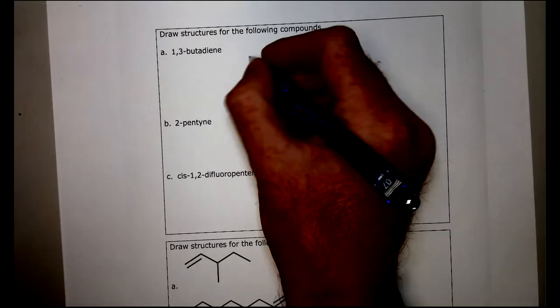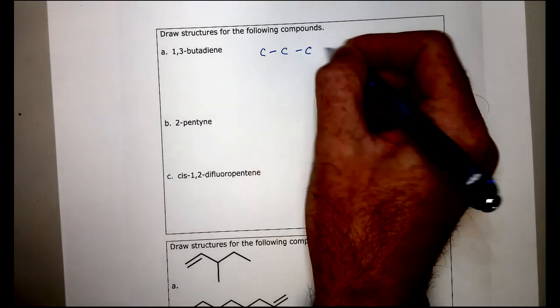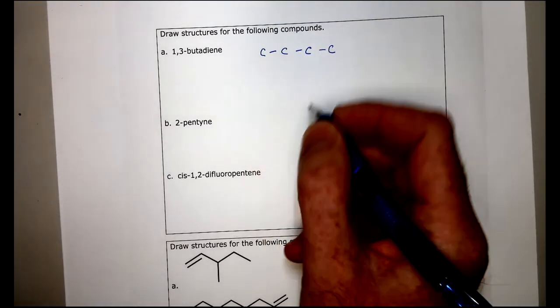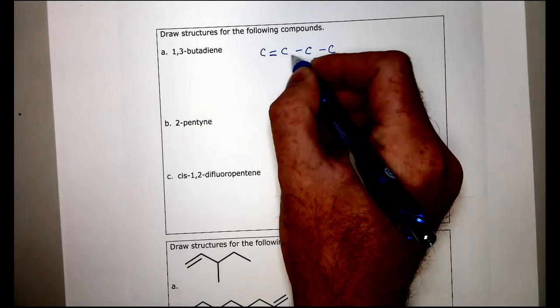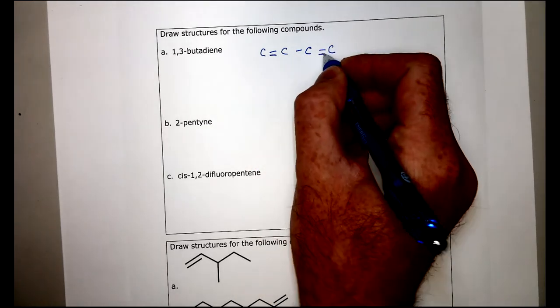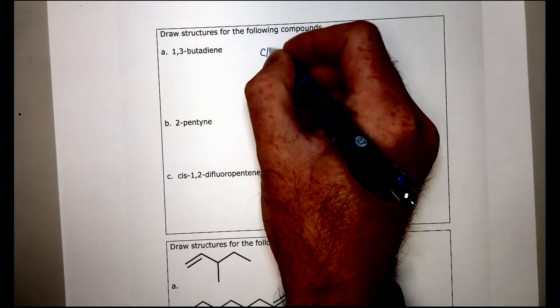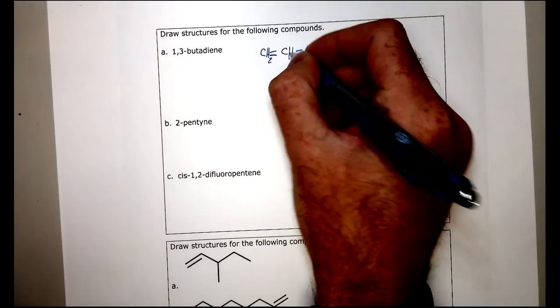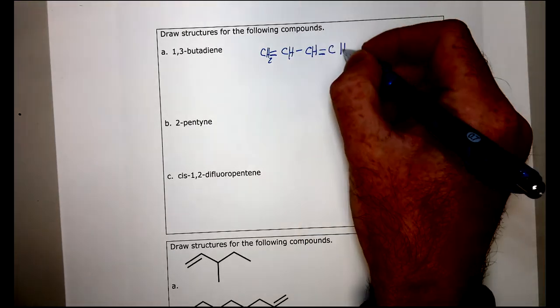1,3-butadiene. So it's a butane. So 1, 2, 3, 4. And so 1 means it's going to be there. 3 means it's going to start between 3 and 4. And so, 2, 1, 1, 2.